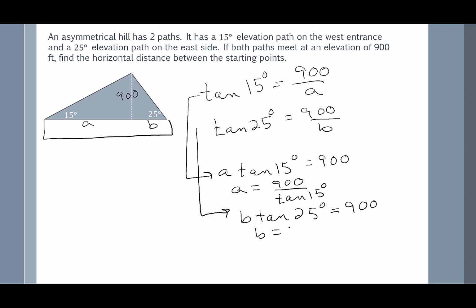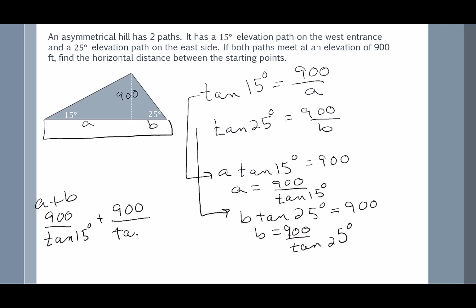So B is equal to 900 over the tangent of 25. We want to find the value of A plus B, so we want the value of 900 over tangent of 15 plus 900 over the tangent of 25.